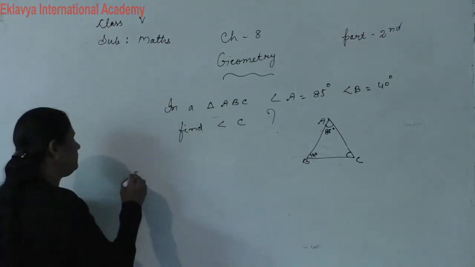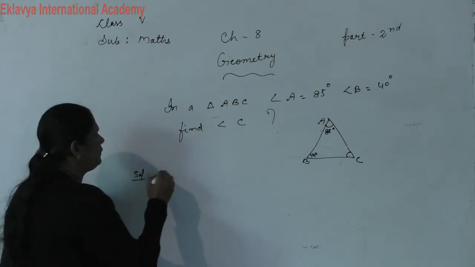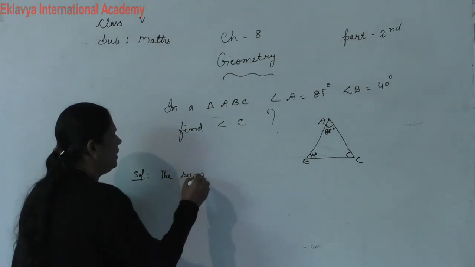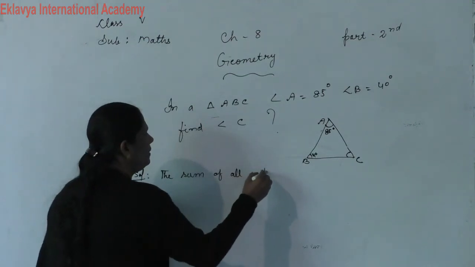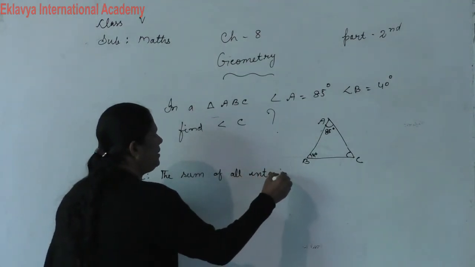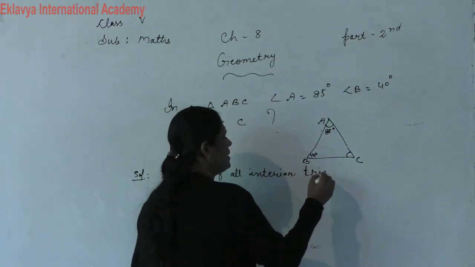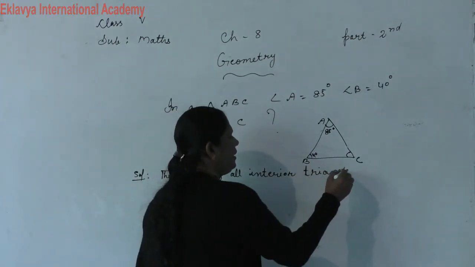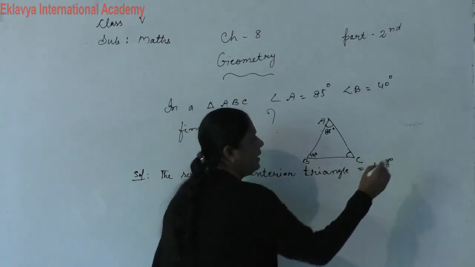Then the solution. First you write: the sum of all interior angles of a triangle is equal to 180 degrees.